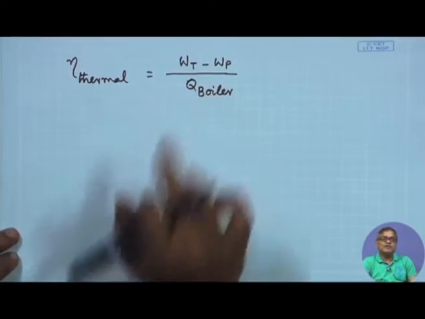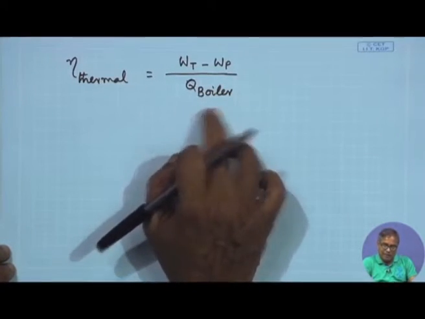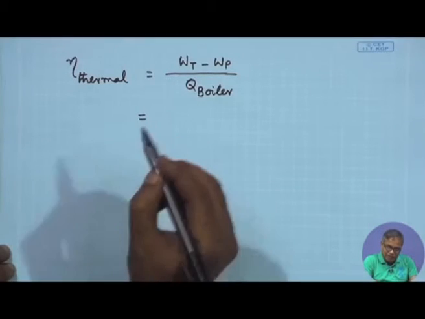So eta thermal is equal to W T minus W P by Q boiler, and this W T has two parts.